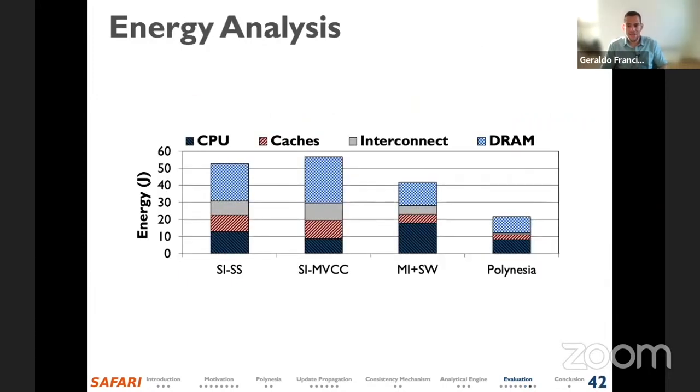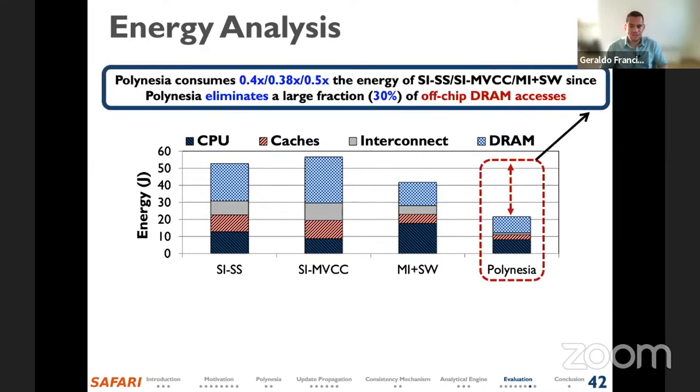We evaluate the energy consumed by Polynesia and our baseline systems when executing transactional and analytical workloads. In this plot, we broke down the execution energy consumed by varying components of the system, including CPU, caches, interconnect, and DRAM. We observe that Polynesia consumes only 0.4 times, 0.38 times, and 0.5 times the energy of the single instance system with snapshotting, the single instance system with MVCC, and the multiple instance system.